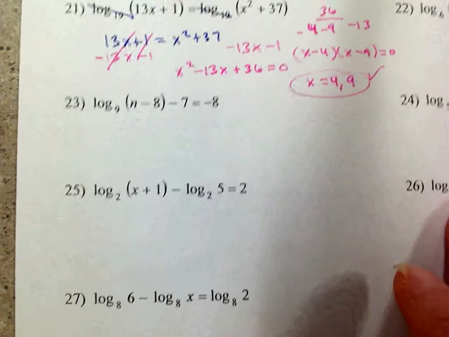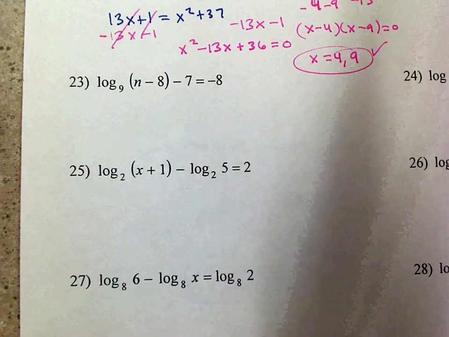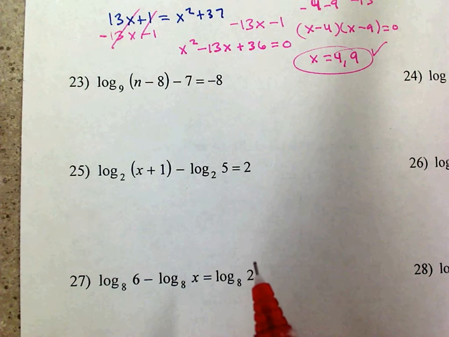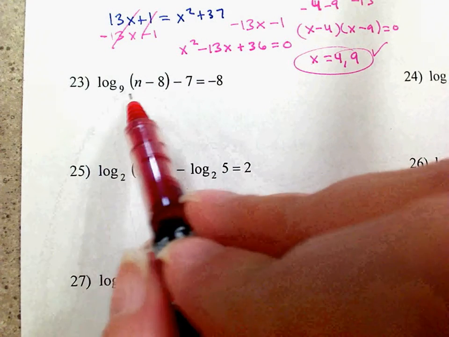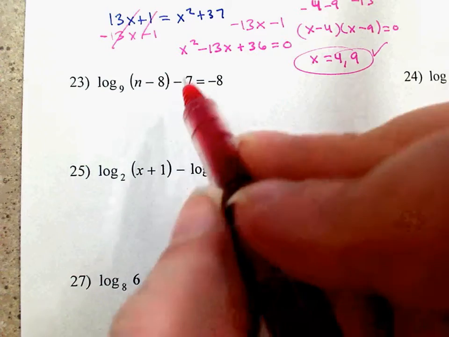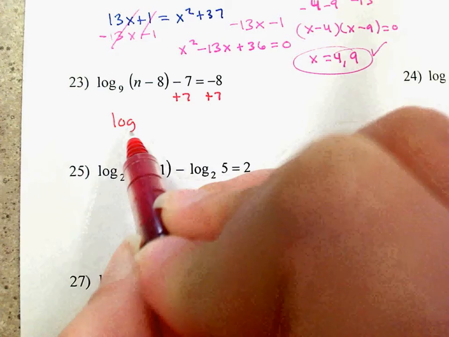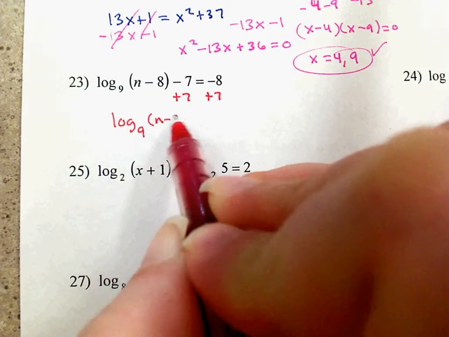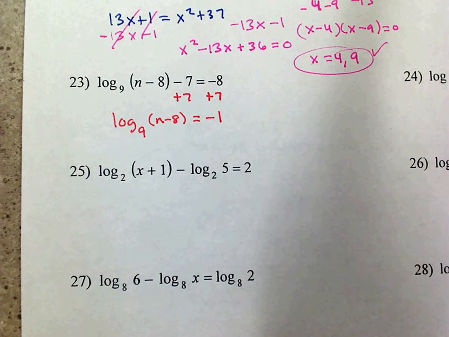All right, so let's go to 23. What are we thinking? Well, this is inside the log, and that's not, right? So I'm thinking I'm just going to move it. Okay.